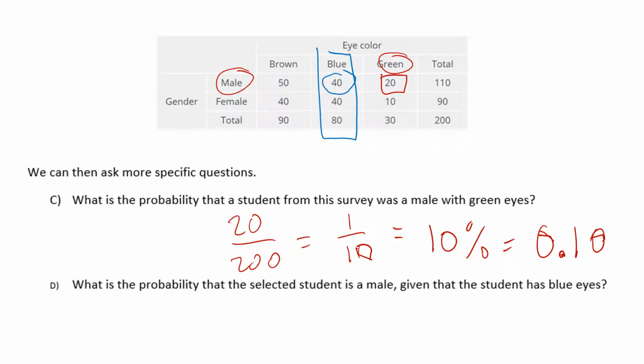That'll be 40 out of all the people with blue eyes, which is 80. So given that the student has blue eyes, it's a 50% chance that the student will be male, or as a proportion 0.50.